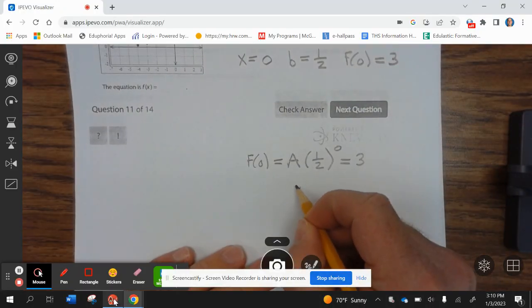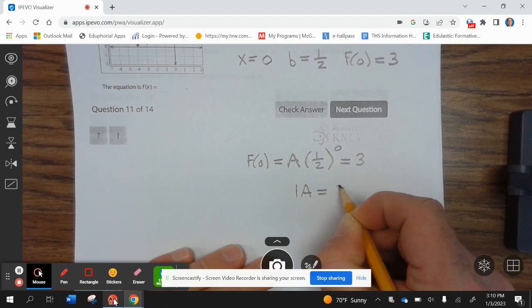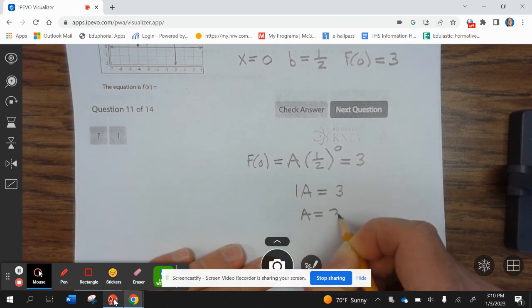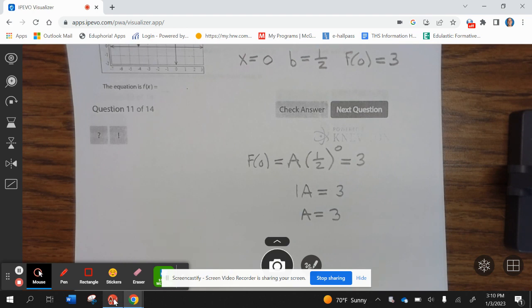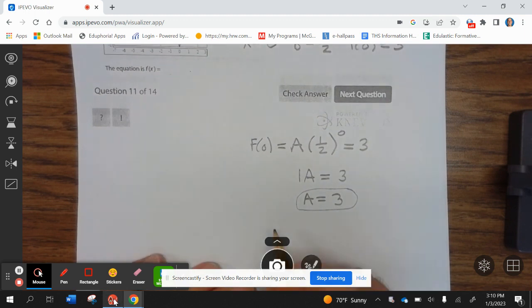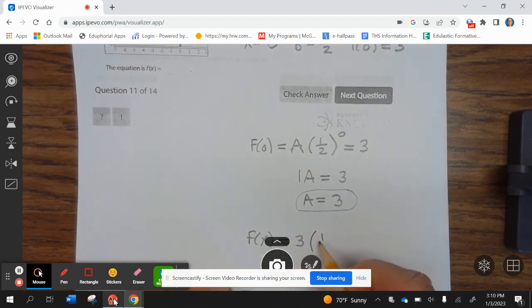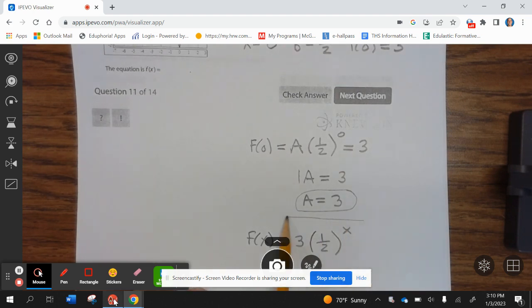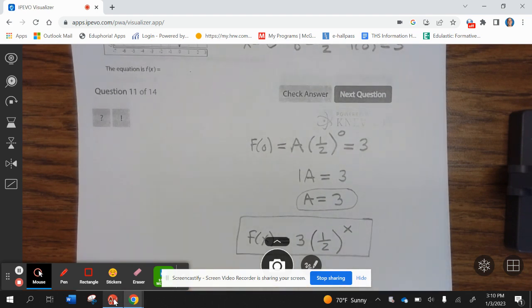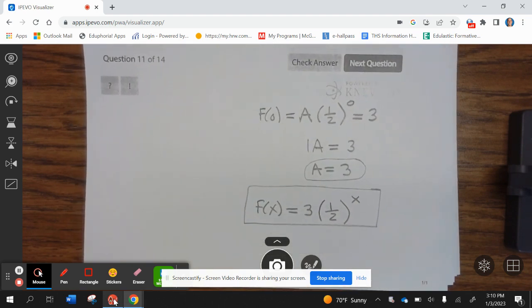Okay, so that's 1 times a equals 3, so a equals 3. Okay, so our equation is f of x equals 3 times 1/2 to the x power. All right, go ahead and finish up example 11.